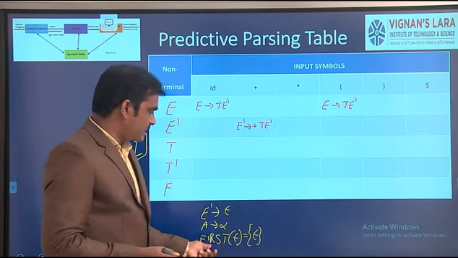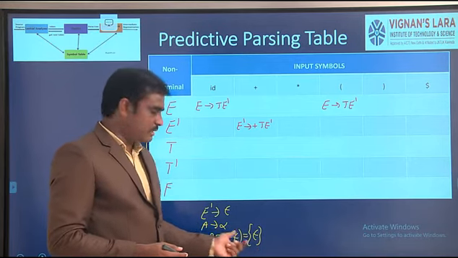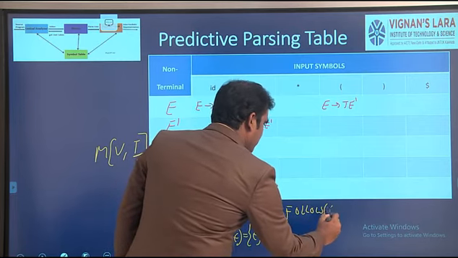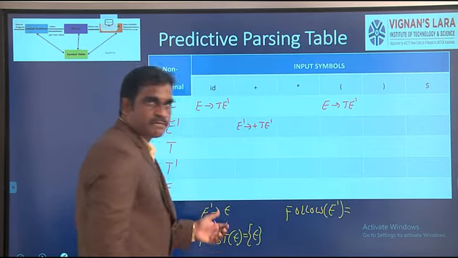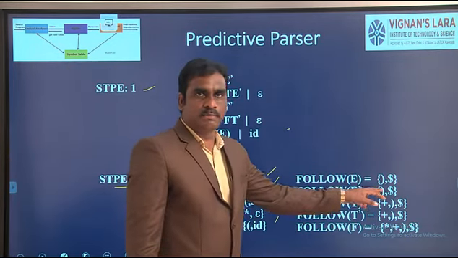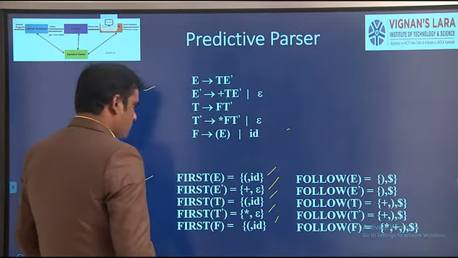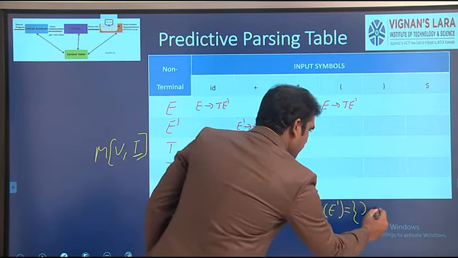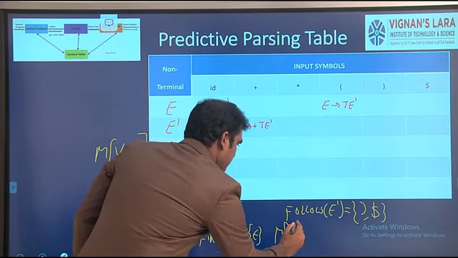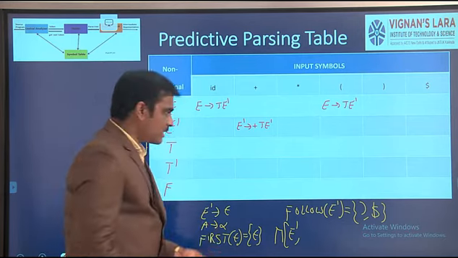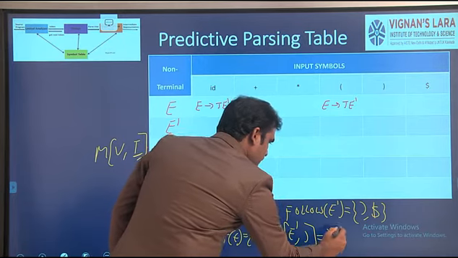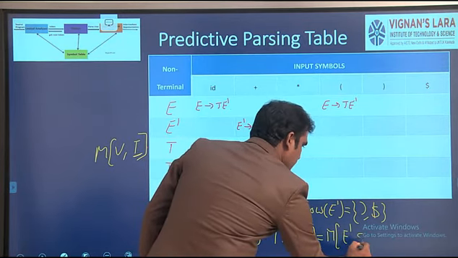Rule 2: whenever the first of alpha contains the epsilon symbol, then we have to find the follow of the left hand side value, that is E dash. What is the follow of E dash? The follow of E dash result is closed parenthesis comma dollar. So what is the entry? The entry is M of E dash comma closed parenthesis, and E dash comma dollar.